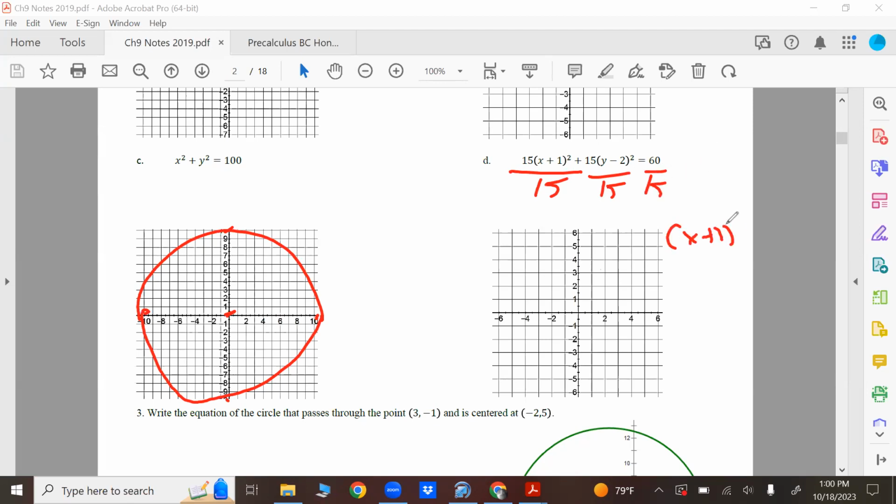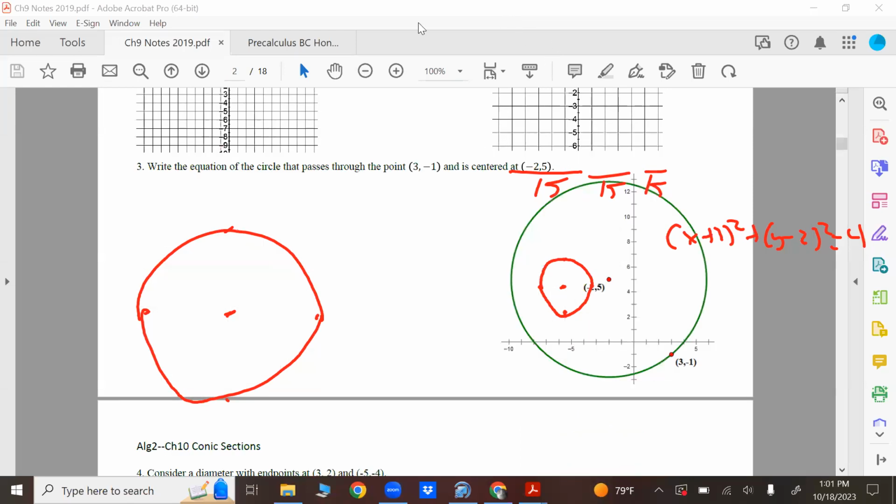X plus 1 squared plus y minus 2 squared equals 4. So -1, 2. Go 2 away. There you go. So we're good? Awesome. Great. Let's look at the next example.